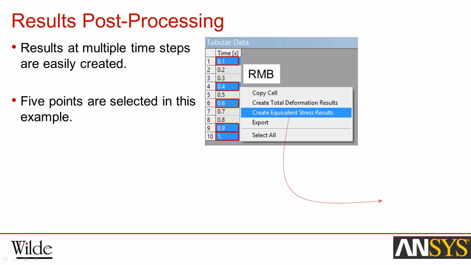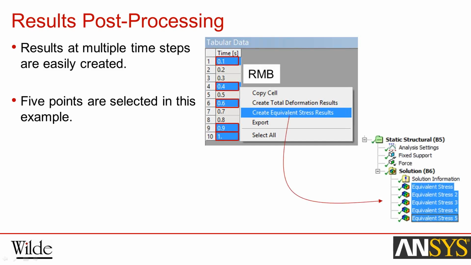Pressing the right mouse button, selecting Create Equivalent Stress Results, and then you can see there that the additional branches have been created quite easily in the tree for us. The user also has the option to select the Select All function. This will enable results to be created at every single time point.